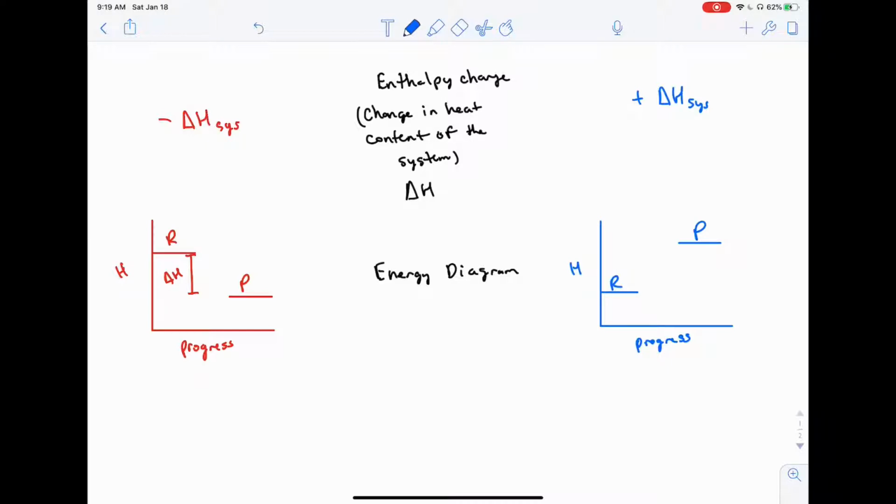So the heat content of this system, the reactants, as it goes through the reaction and changing bonds, breaking and forming bonds, the products end up with a lower total heat content. And that energy is released in the form of delta H here. And this is still the energy that is absorbed by the system.